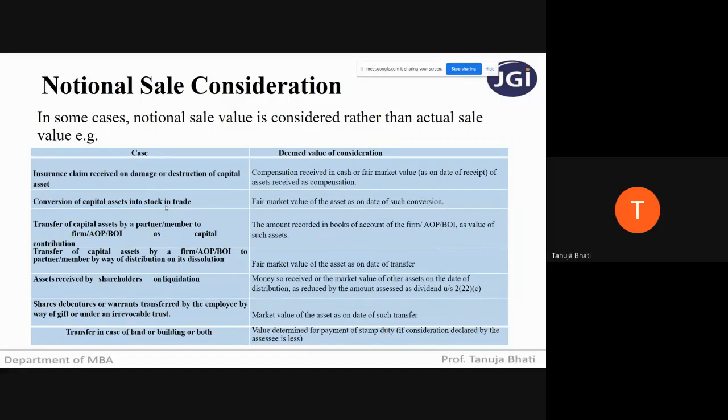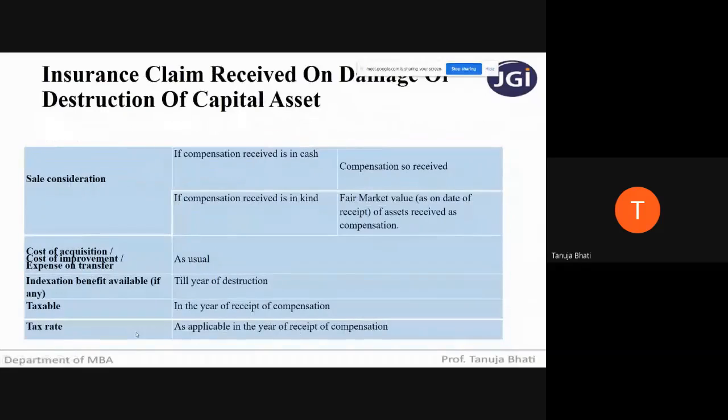The date you are converting the asset into your stock in trade, whatever is the fair market value as on that date will be your sales consideration. Then these are the different elements that we are now supposed to see. So first, let us understand insurance claim received.